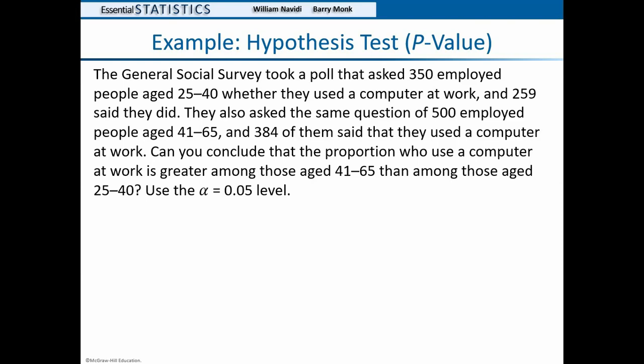They also asked the same question of 500 employed people aged 41 to 65. 384 of them said that they used a computer at work. Can you conclude that the proportion who use a computer at work is greater among those 41 to 65 than among those aged 25 to 40? So we would want to know if P1 is less than P2.